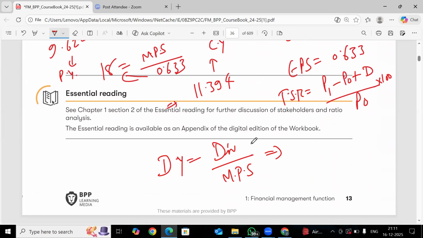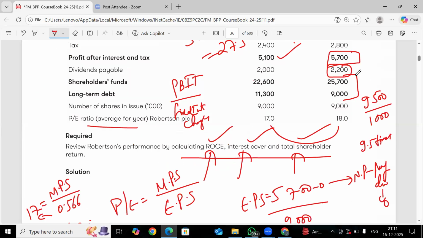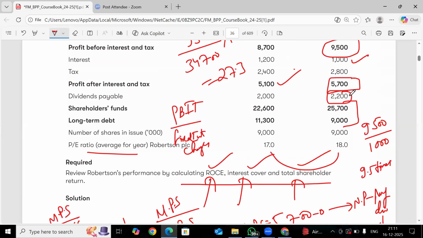Okay. Dividend yield is DPS, dividends per share by market price per share. So what is dividends per share for the current year? 2200 divided by 9,000, this is the number of shares. 0.244.